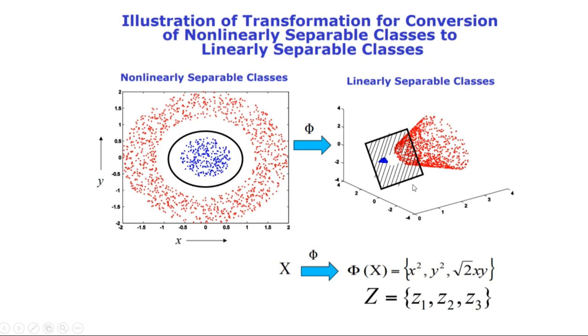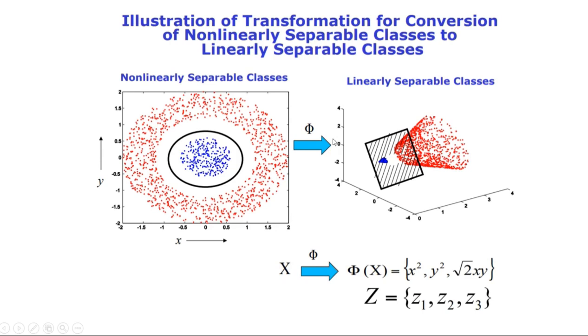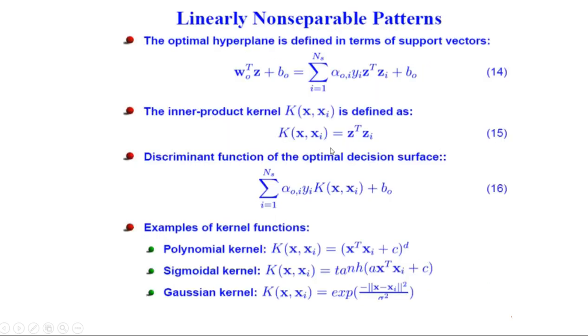Once you have got it, this is how you will solve for nonlinear separable patterns. This is the same terminal we used. The only difference is instead of applying directly, we will first apply the kernel function and then apply the steps for finding the optimal decision surface.